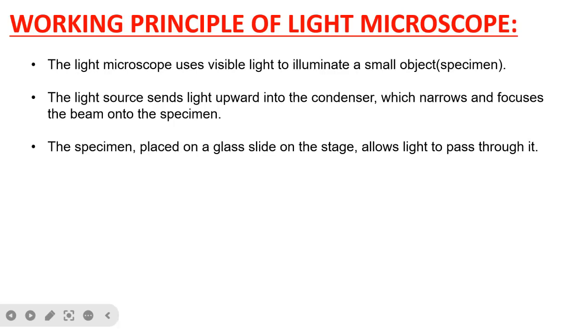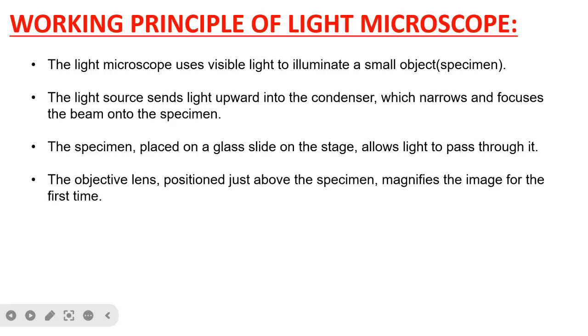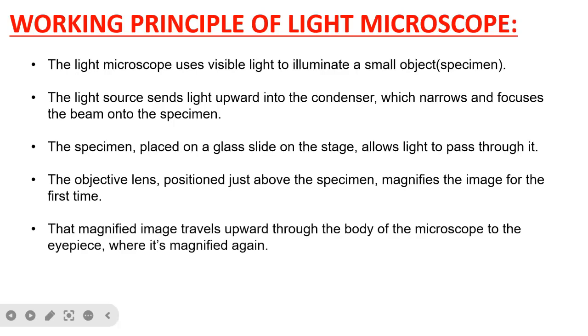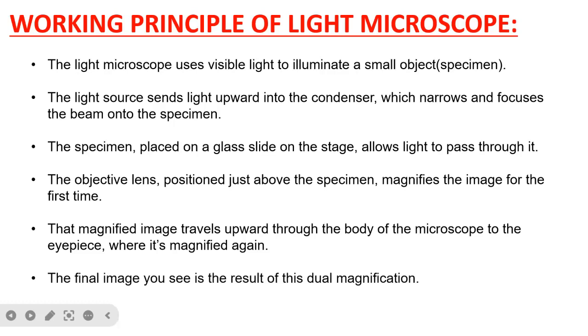Passing through specimen, this light enters the objective lens that is positioned just above the specimen, and it magnifies the image for the first time and forms the first image inside the microscope. Then that magnified image travels upward through the body of microscope to the eyepiece, where it is magnified again. Finally, an image is formed in the human eye.